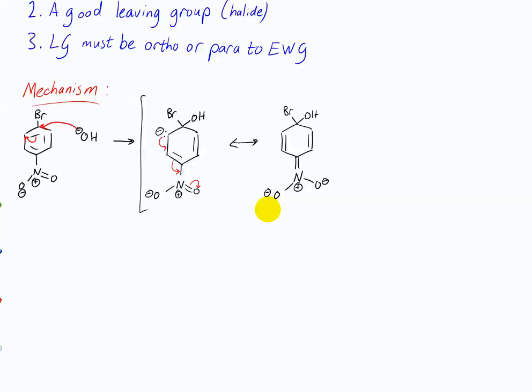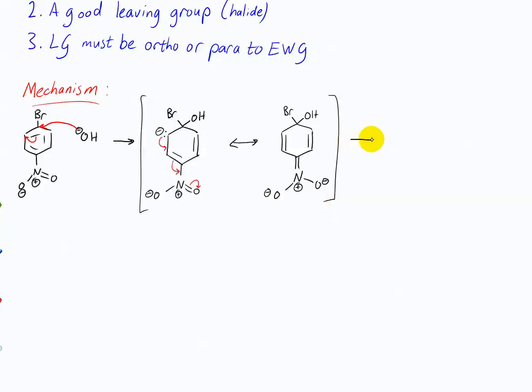That only works when the nitro group is in the ortho or para position. If it's in the meta position, you can't move the electrons around in such a way to actually get them over to the nitro group. So that's the reason for rule number 3. You have to be able to do this. This stabilized anion is known as a Meisenheimer complex, but it's just another way of saying that the carbanion is stabilized through moving it up through resonance with the oxygen.